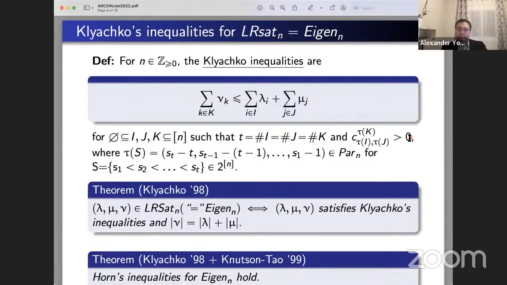That was his conjecture. Now, Klyachko is saying that LR sat is the same as the eigencone, but this statement is not about LR sat, it is about LR. Since LR sat is equal to LR, by induction using Klyachko's theorem, Horn is true. Okay, that's the history. And I think it's actually a little bit difficult to get out of just the source literature by quick reading.